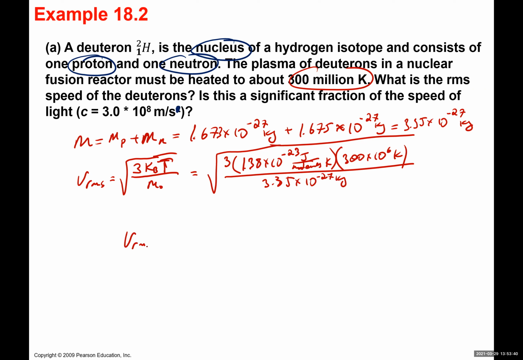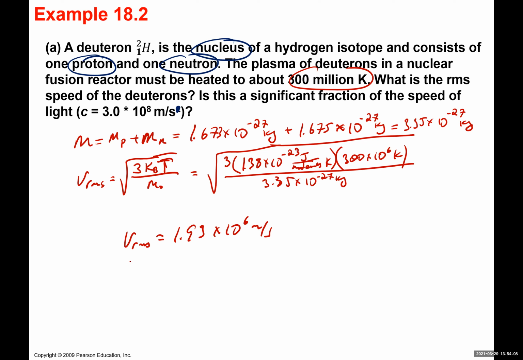And I can say VRMS is equal to, once I calculate that, 1.93 times 10 to the 6 meter per second. Now it says, what is the significant fraction of the speed of light? Well, I can do a ratio because I know what the speed of light is, but you can already see it's not necessarily a significant difference.